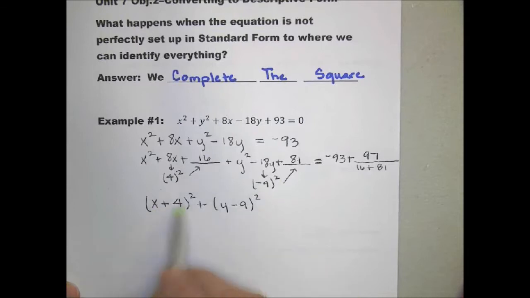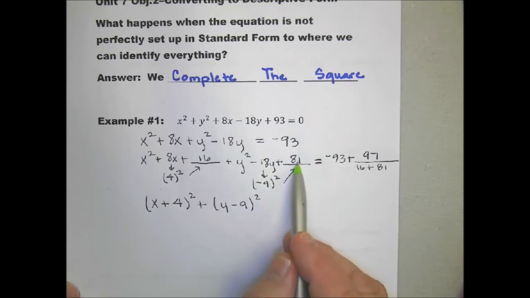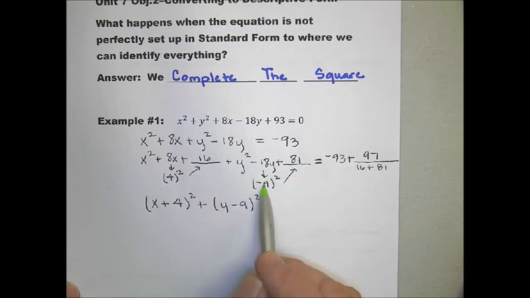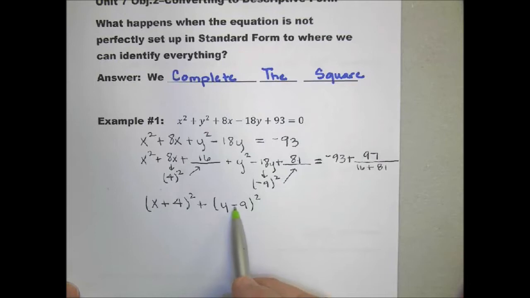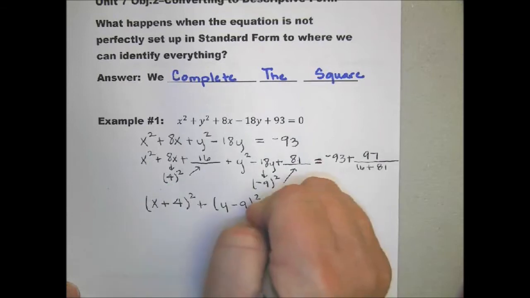That's always going to be the perfect square that was actually created. That's why you have to pay attention to the signs. Half of negative 18 is negative 9. And sure, when you square it, it becomes positive 81. But within the factor, it's negative 9. So the factor, the perfect square, is always whatever the 1/2 number is.